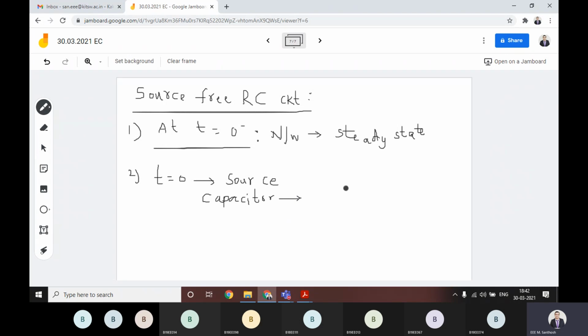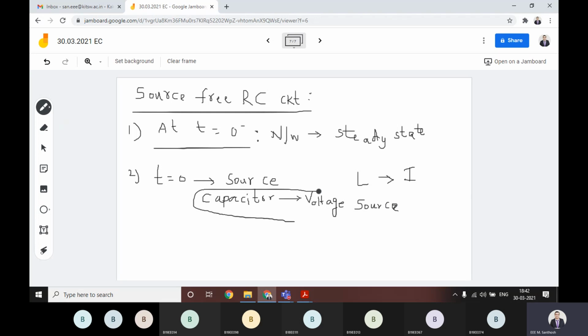In case of an inductor, we have told you already, it acts like a current source. Whenever you are doing an RC circuit, obviously the capacitor is like a voltage source. Capacitor will always act as a voltage source. Do you have any doubt here?